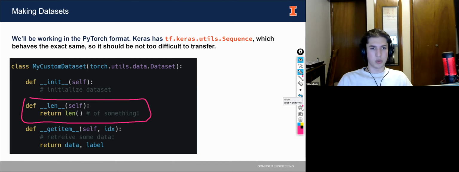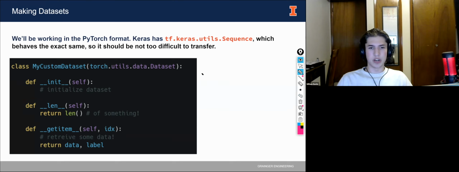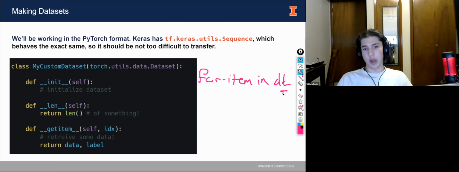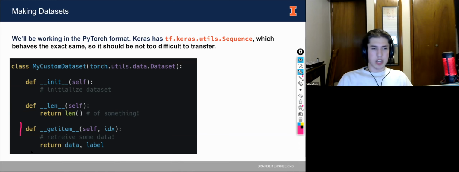Of course, PyTorch or Keras needs to know, when we iterate for item in our data loader, how big the data loader is, right? And for the data loader to know how big it is, it needs to know how big the data set is, right? And then it's data set length divided by batch size, basically. And then, of course, maybe the most important of these all is the get item function. So given some index, we want to return some data and its label.